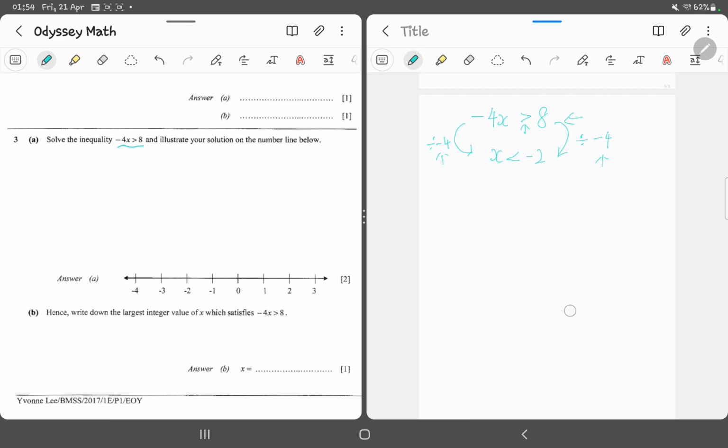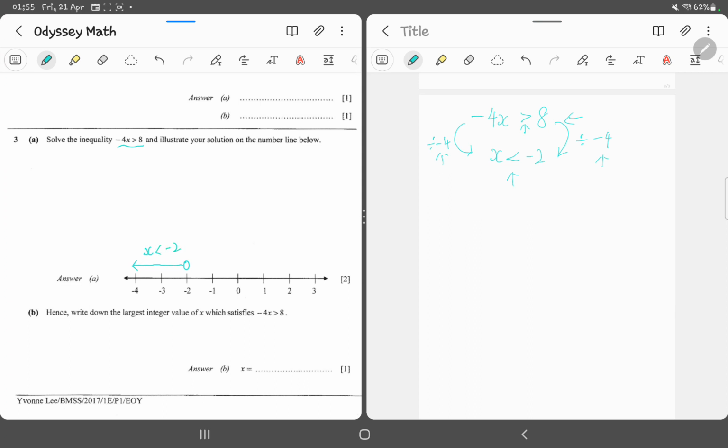Finally we have achieved x on the left hand side. Based on this inequality, we are going to illustrate our solution on the number line. This means that x is less than minus 2. Note that this is strictly less than.